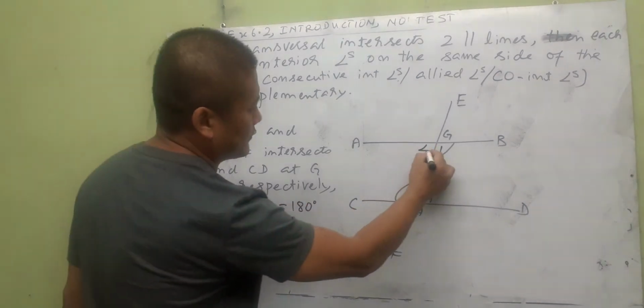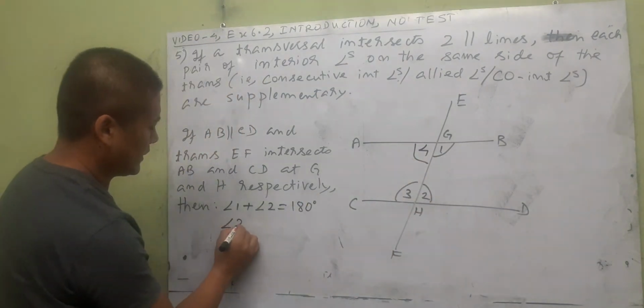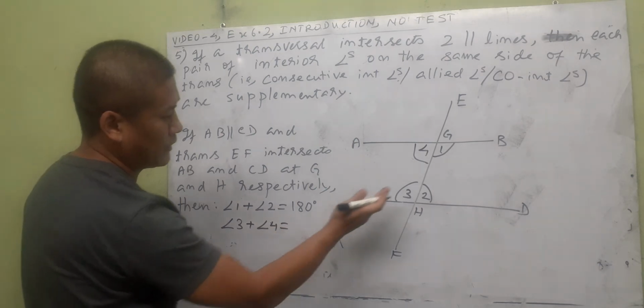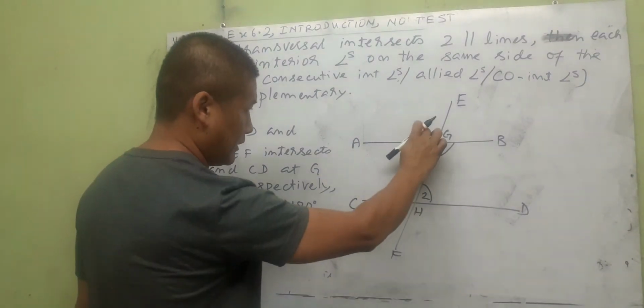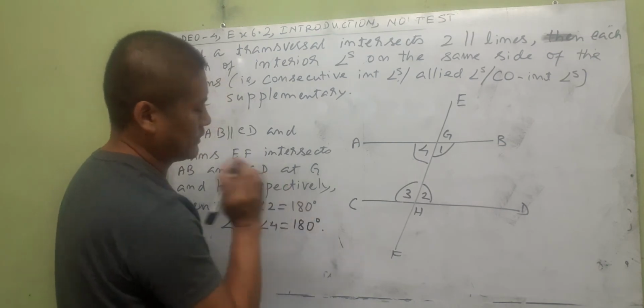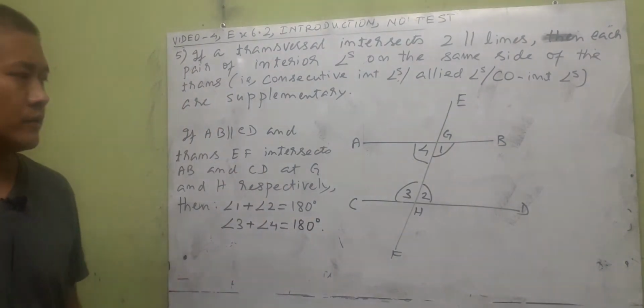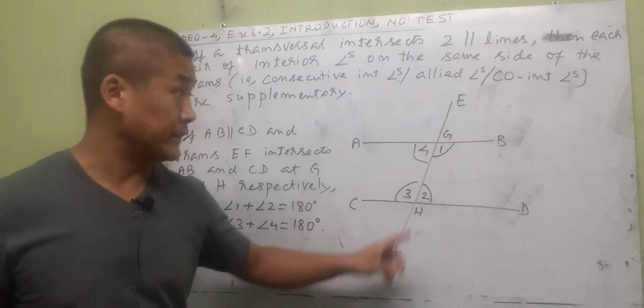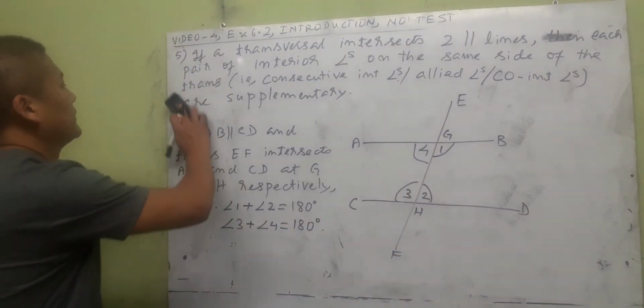Another pair is 3 and 4 on the same side, interior angles on the same side of the transversal. This side is exterior, this is interior. These two together are 180, these two together are 180. Now two more theorems are there.